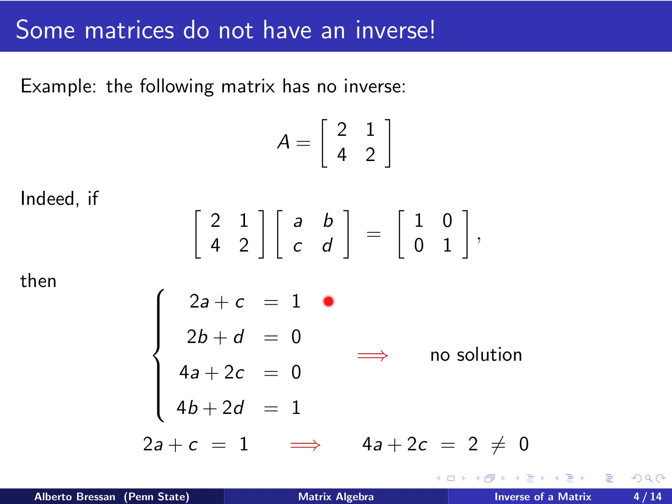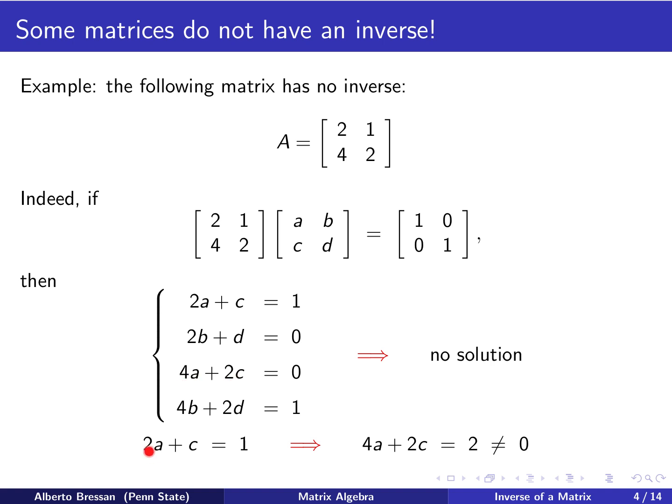So we have 4 equations and 4 unknowns. Can we find a solution? Well, let's look. The first equation says 2a plus c is 1, and the third equation says 4a plus 2c is 0. Note that 4a plus 2c equals, taking out a common factor of 2, 2 times (2a plus c).